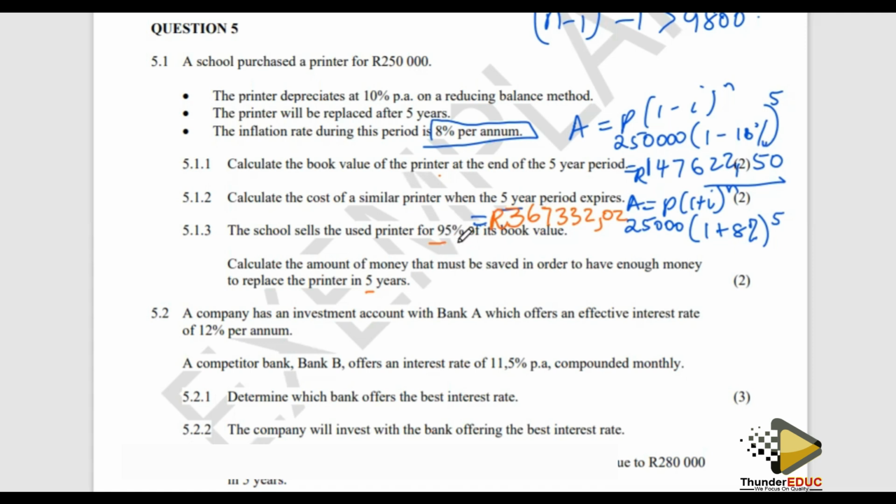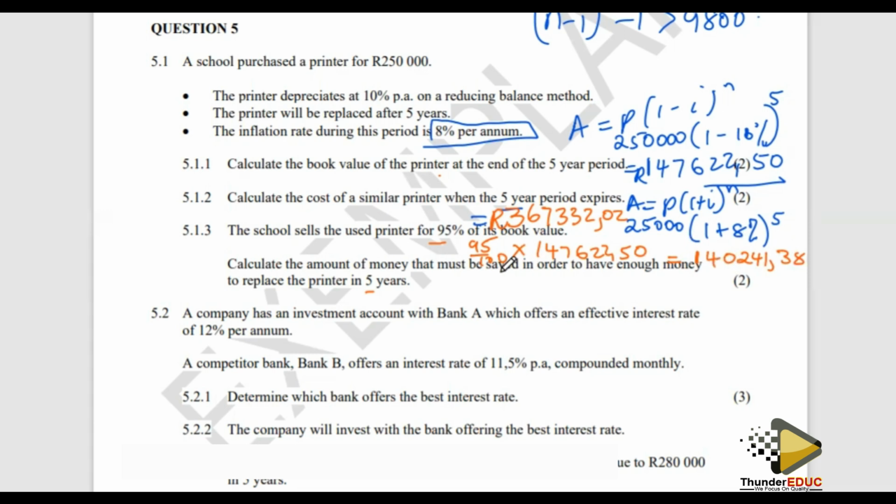So I'll say 95 over 100 multiplied by the 147,622.50. So 0.95 times 147,622.50. That gives me 140,241.38. So this is what the school is going to get out of that old printer.